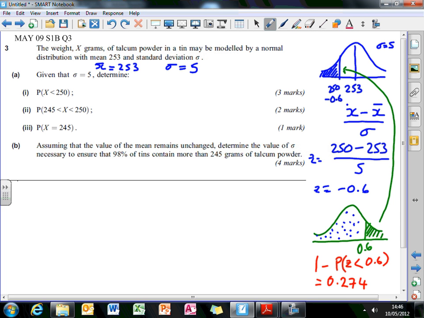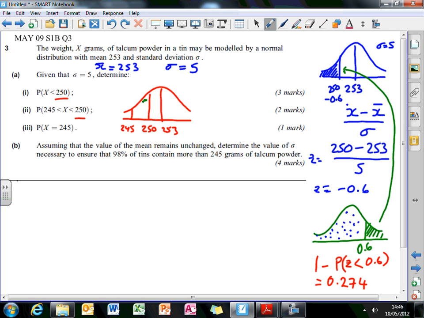For part AII, they've been quite helpful here, using the same value, so you don't need to re-standardize that. It's going to be the same z score for that. So again, it's imperative that you draw a diagram to see what you're dealing with. So there's our 253, our mean. Now I'm looking for the probability that x is between 245 and 250.